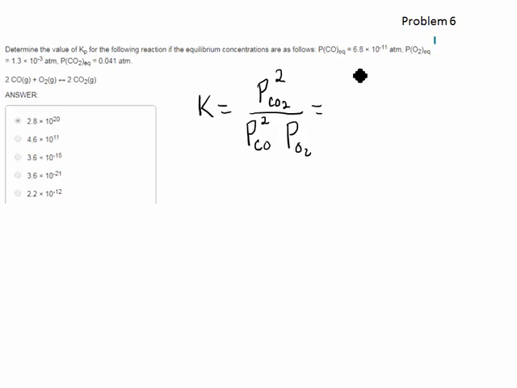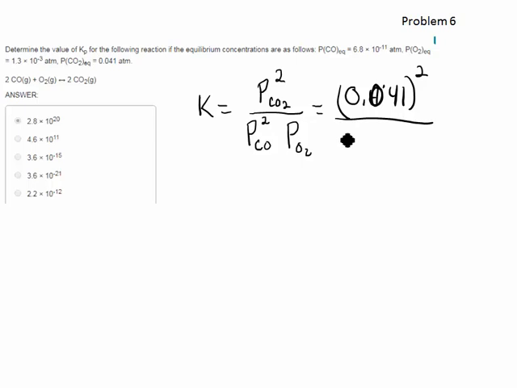We're told at equilibrium we have a pressure of CO2 that's equal to 0.41. I'm sorry, it's 0.41 atmospheres, and that has to be squared over the pressure of the CO squared.